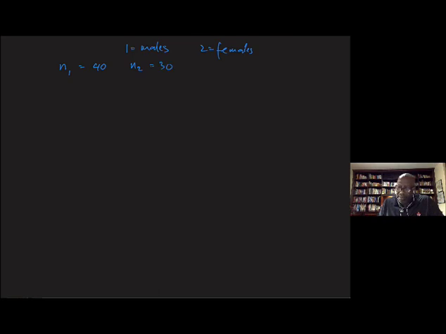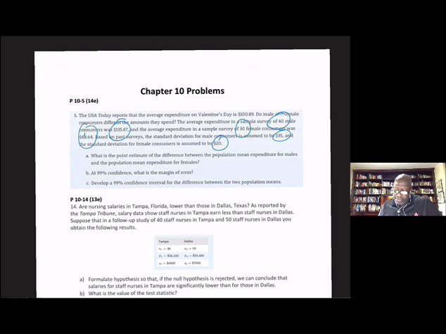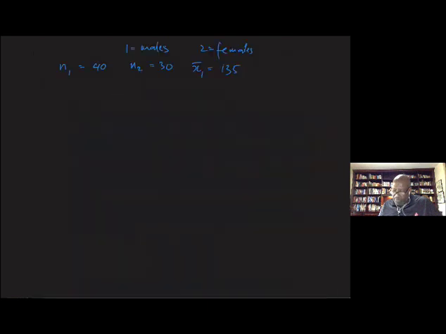We know that the sample mean for males was 135.67, and 68.64 for females, x bar 2, all right? And then now we have population standard deviation. Sigma 1 was 35 for males, and sigma 2 was 20 for females.